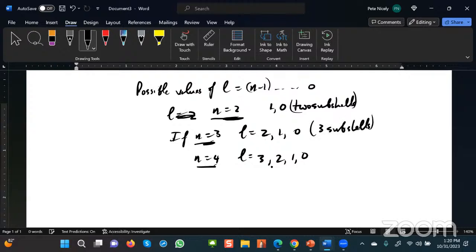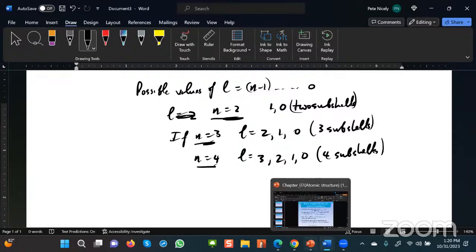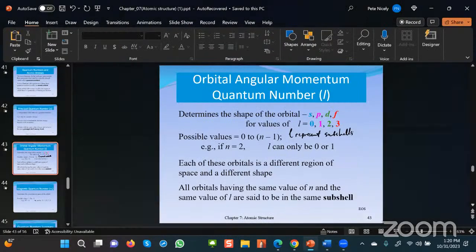For the fourth shell, n equals 4, you have 4 subshells, and so on and so forth, right? So you have the shells, and then within the shells, you have the subshells, and you can determine the number of subshells by determining the number of L values for each n value, all right? Okay, continuing with the PowerPoint here.